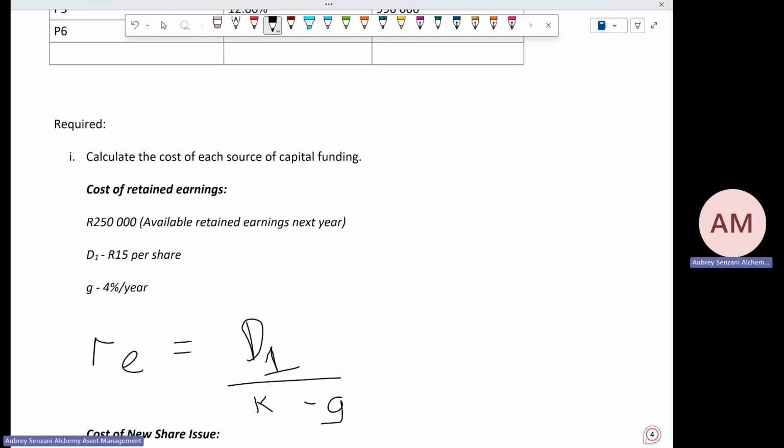D1 divided by P0, plus G. Is that right?